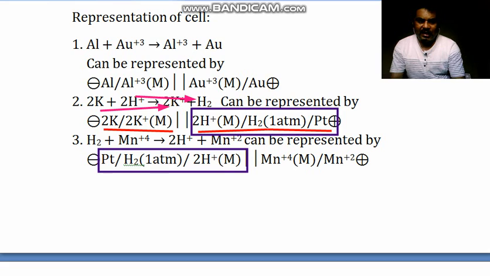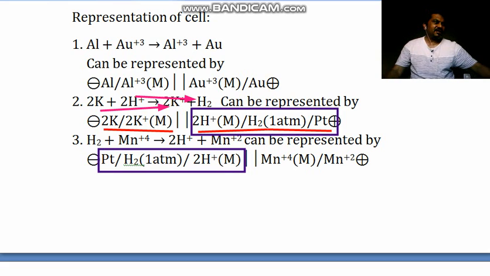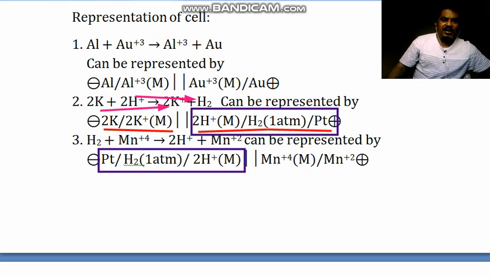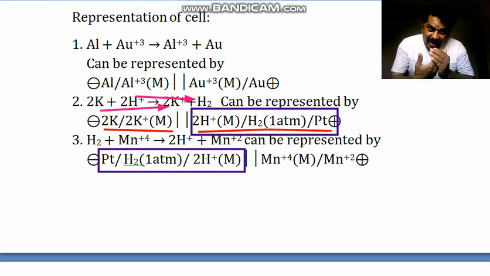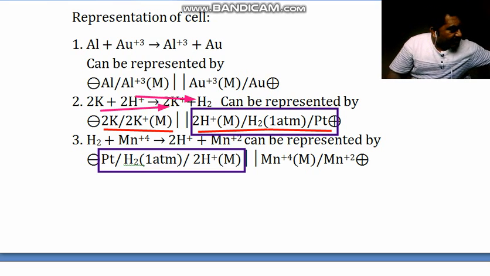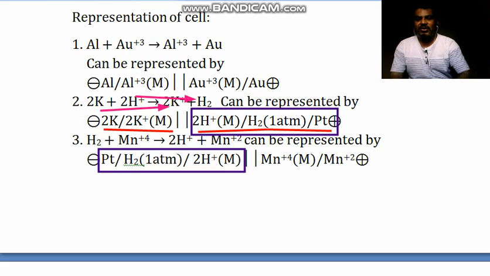See how it is taken as an anode, and check that out for a while. See how it is taken as a cathode and what is happening at that time. I hope you understand the representation of hydrogen half cell as an anode and as a cathode. Up to this, this is the important topic.